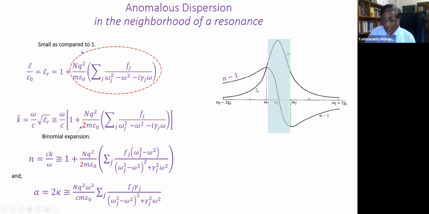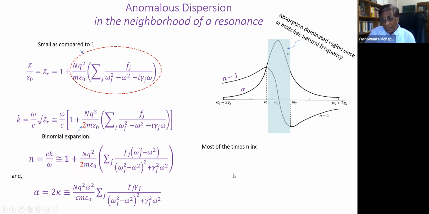This is the loss, and it is peaking here. I've just plotted this, something similar to what you would have done in resonance in 102 also. So this is the absorption dominated region, since omega matches the natural frequency omega j. So around omega j, n minus 1 goes down.